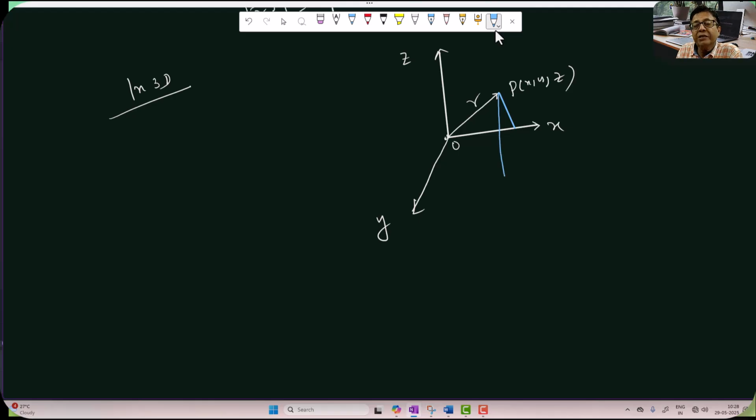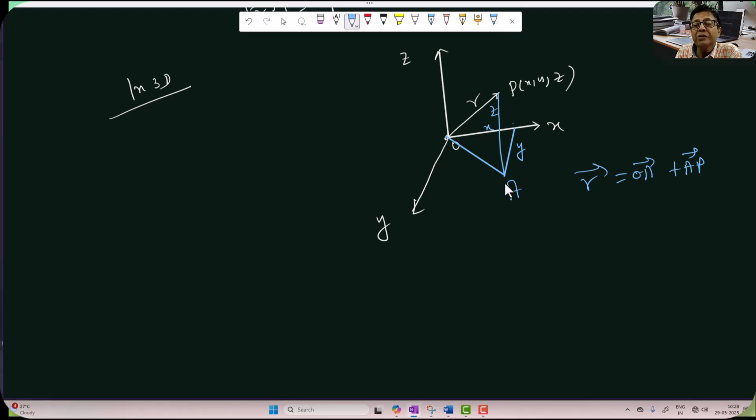So that vector is going to be what? Follow the same method. Draw a perpendicular here. Join this. This is the R vector. R is what? This part is x, this part is y because it is along the y axis, and this AP part is z. R equal to what? OA plus AP.